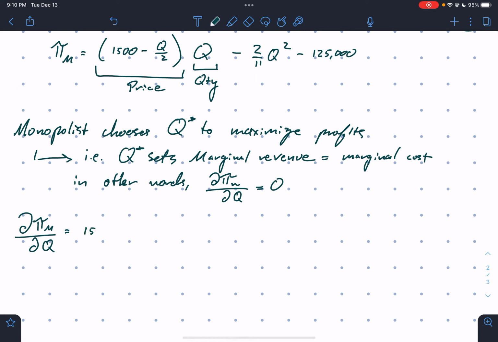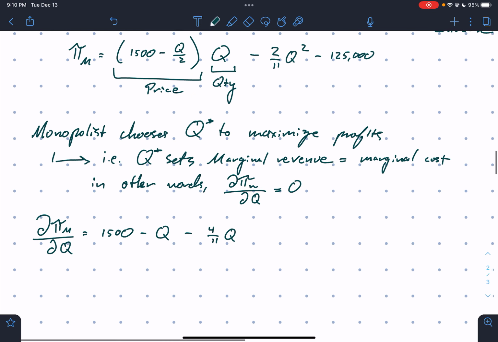So this is going to be 1,500 minus Q minus 4/11 Q. So this is the derivative of profit with respect to quantity.